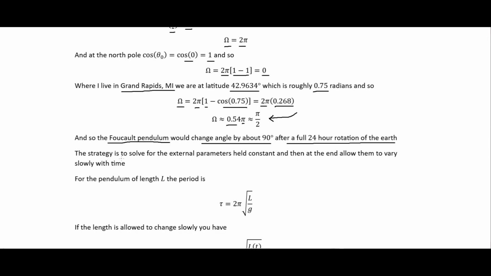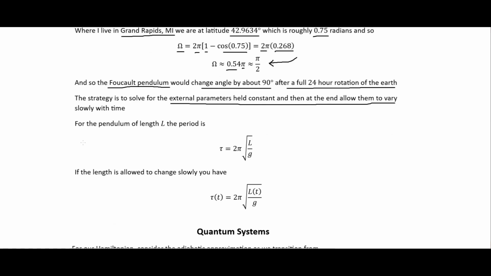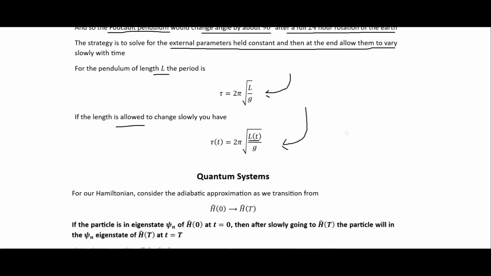So the strategy is to solve for the external parameters held constant, and then at the end allow them to vary slowly with time. So for a pendulum of length L, we have this as our period here, and if we allow the length to change slowly, then we would have this, where now our L is a function of time.